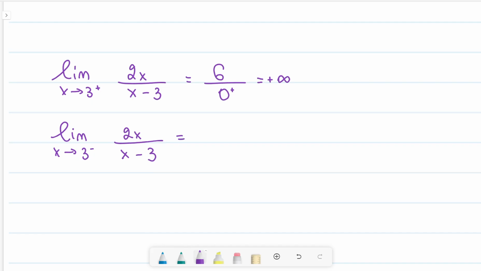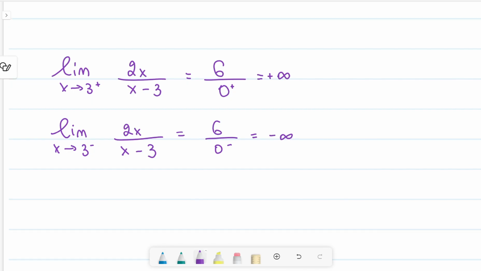However, as x approaches 3 from the left, again let's plug in: 3 times 2 is 6. The denominator is a value slightly smaller than 3 but very close to it, so 3 minus 3 is 0 from the left. 6 divided by a value a bit smaller than 0, but very close to 0, gives us negative infinity.